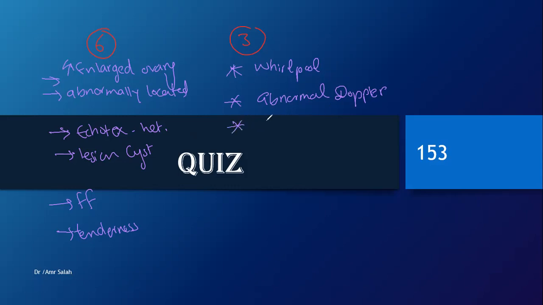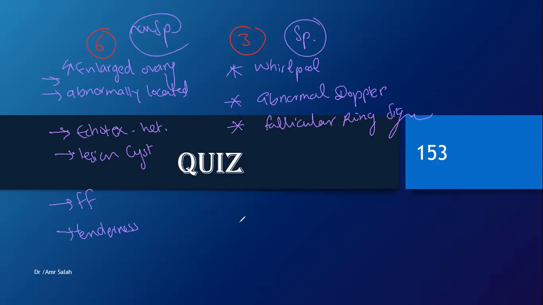And lastly, the follicular ring sign. So these are the specific ones, and these are the non-specific ones for torsion. This is, of course, very important as it is an emergency.